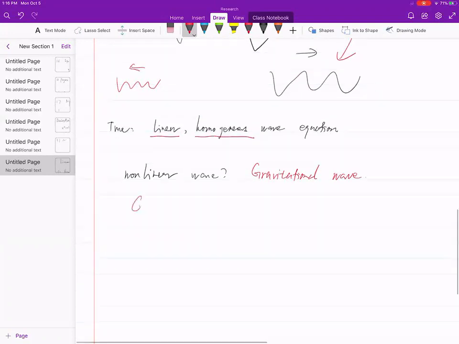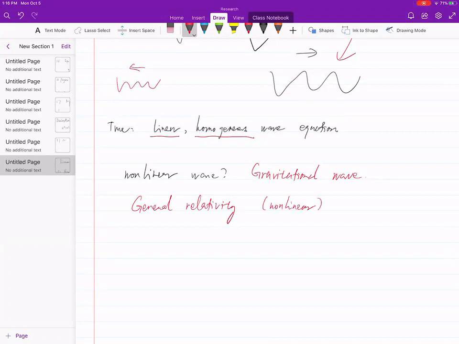This one is coming from the general relativity equation, and the key is the general relativity equation is nonlinear, fundamentally nonlinear. That's why all the traditional concepts about waves fail. Maxwell's equation is linear, so any wave you get from there is going to be linear. You can do superposition.